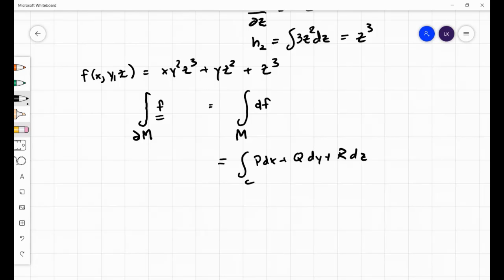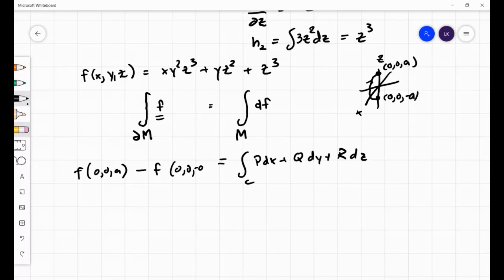So the boundary was, we were integrating over some circle from the point 0, 0, minus a to the point 0, 0, a. And it didn't really matter what path, right? Because it was a conservative vector field. Okay, so this is going to be f at the terminal point minus f at the starting point.